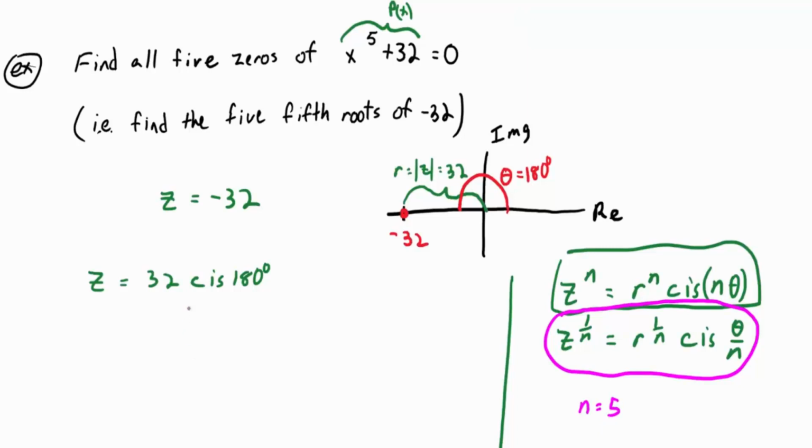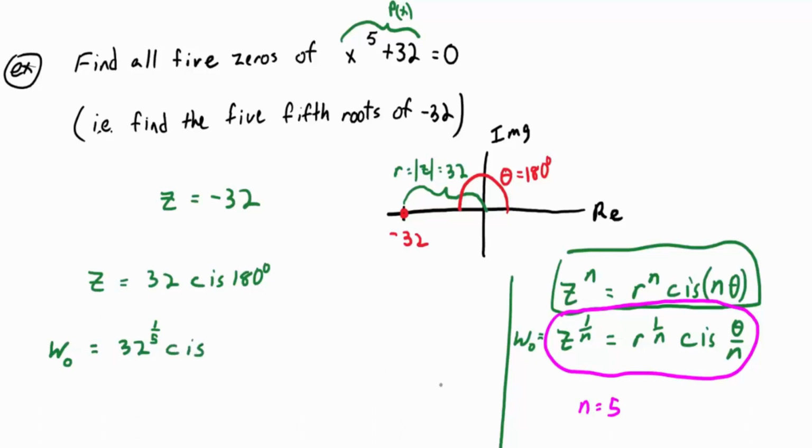So let's find what I'm going to call the first root. This particular one gives you the first root, w naught, w subscript 0 we call it. So let's fill it in. 32 to the 1/5, which is 2.